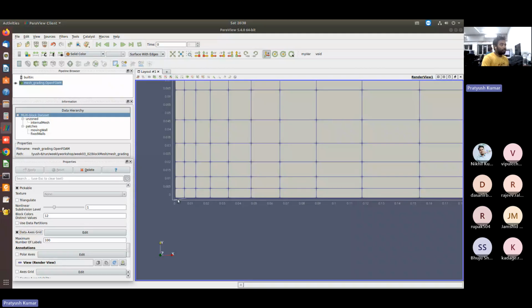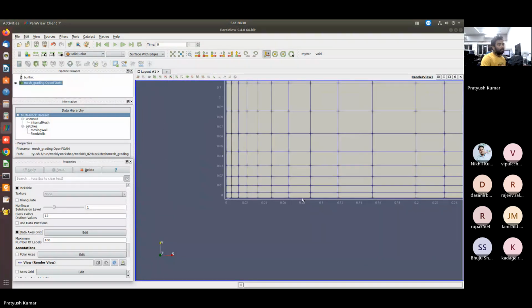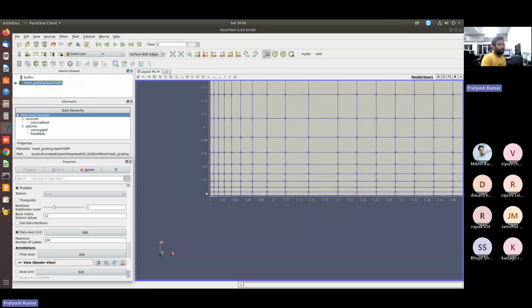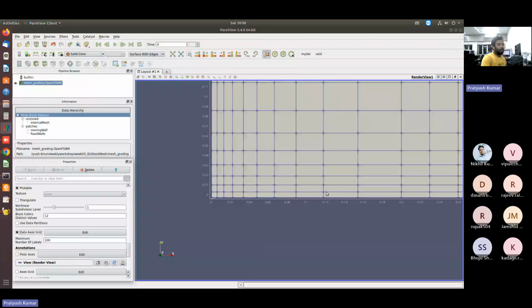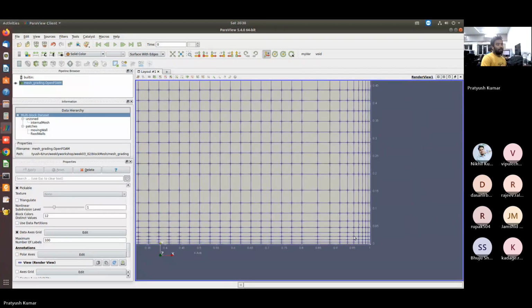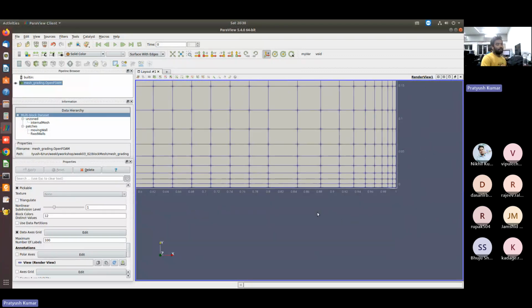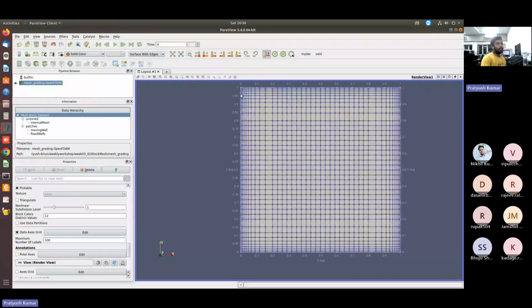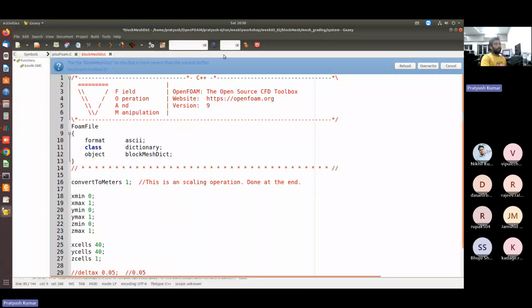Maybe you have some idea that this cell size is much larger compared to this starting cell size, and you can say this is around 8 times the cell size. This is the first one. Similarly, you can relate this at the x end, and similarly in the y positive and y negative directions. This way you can use the simple grading.